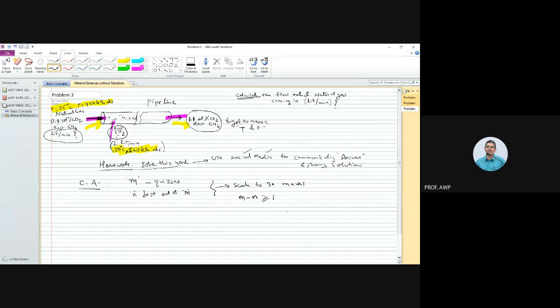So don't worry if you have missed a quiz. Maybe it is 1, maybe 2, 3, 4, 5, 6. Even if you miss a quiz, don't worry about it. That is the second point. Third point is that some of these quizzes are going to be based on Google. All are going to be based on Google Classroom, Google Sheets, or Google Forms.